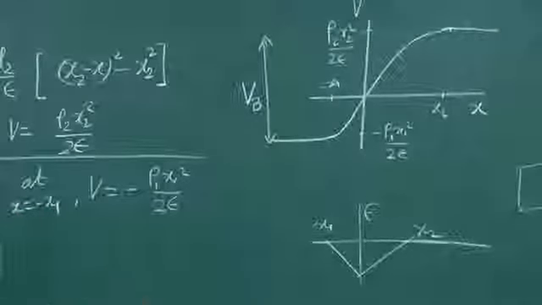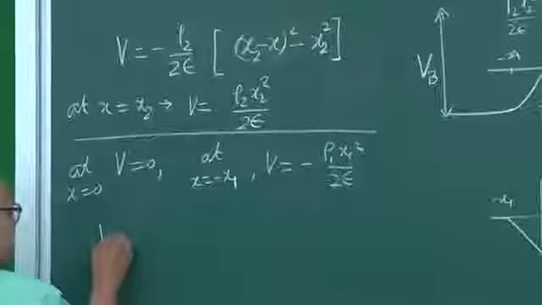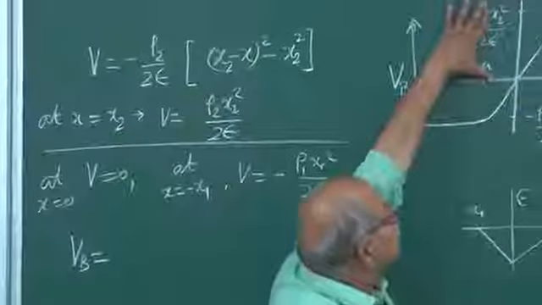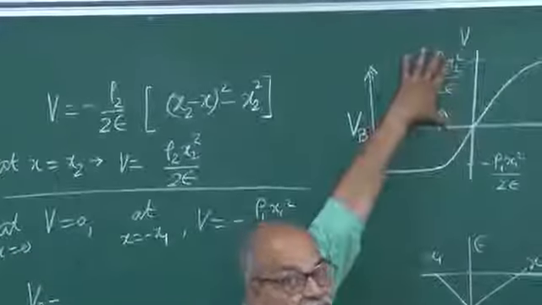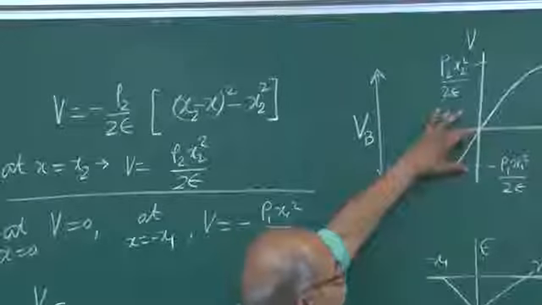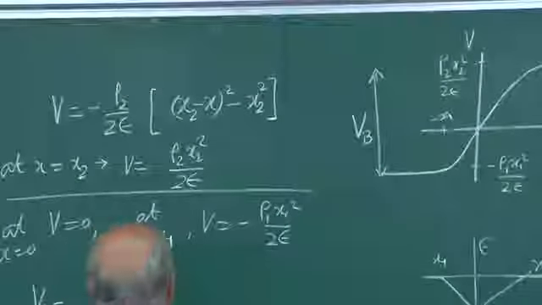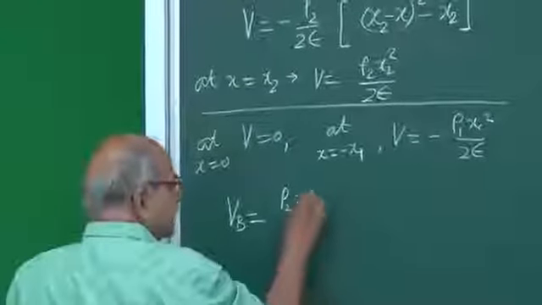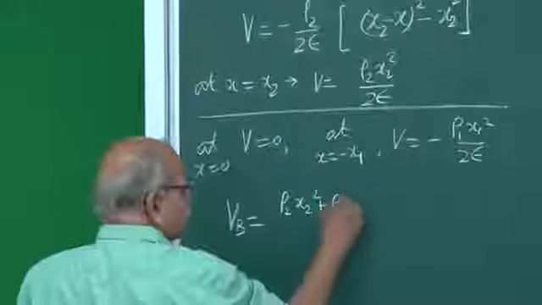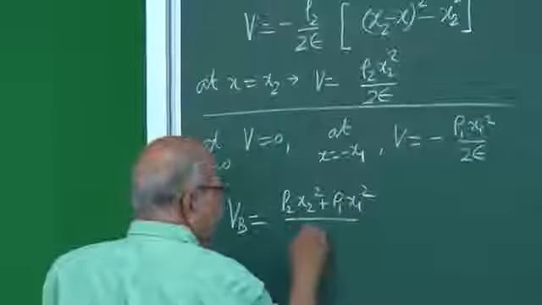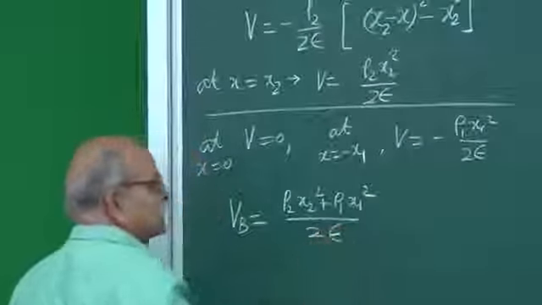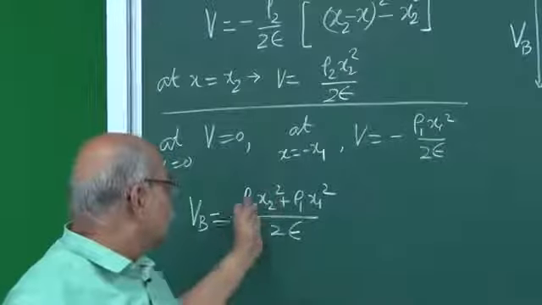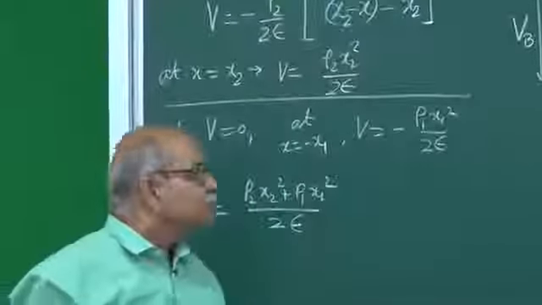So how much is that VB? That VB will be this rho 2 x2 square by 2 epsilon plus this rho 1 x1 square by 2 epsilon. So VB will be rho 2 x2 square plus rho 1 x1 square over 2 epsilon. That's the barrier. It is in terms of rho 1, rho 2, x1, x2.